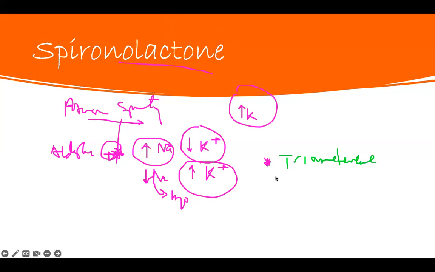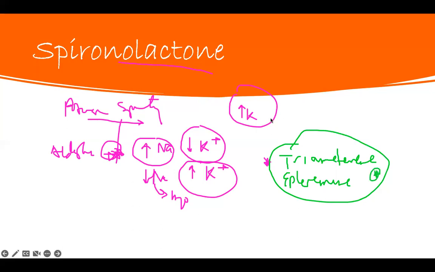They are potassium sparing, and there's another one. These are the only medications that don't follow the pattern. So triamterene and eplerenone, when you see them, they are all potassium sparing. They spare potassium. So that means they cause hyperkalemia.